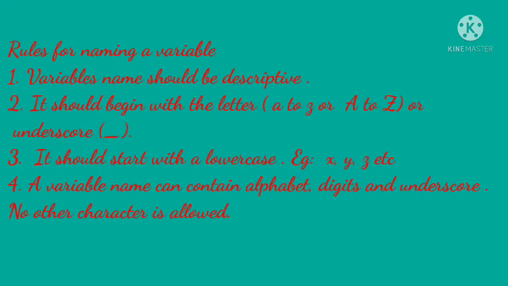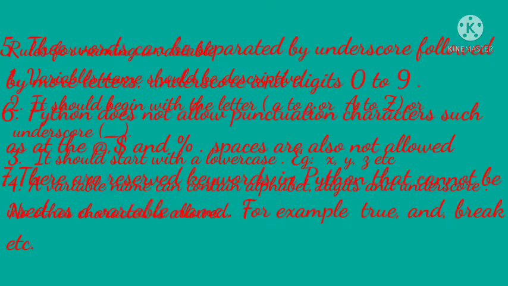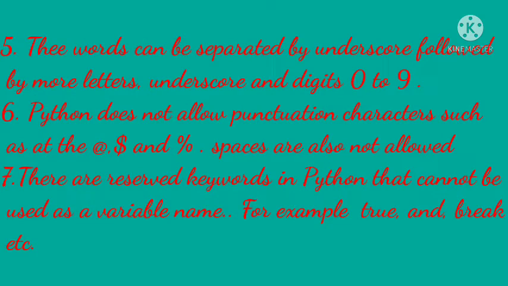The words or letters in a variable name can be separated by using an underscore followed by more letters, underscores and digits. Python does not allow special characters in the variable name such as $ and percentage. We cannot give spaces in between the variable name.